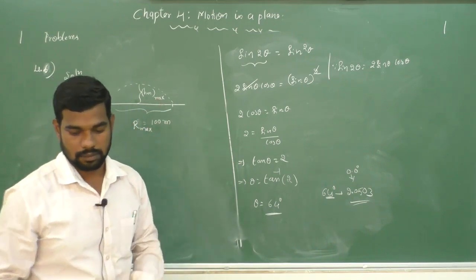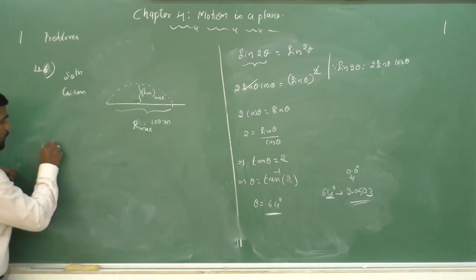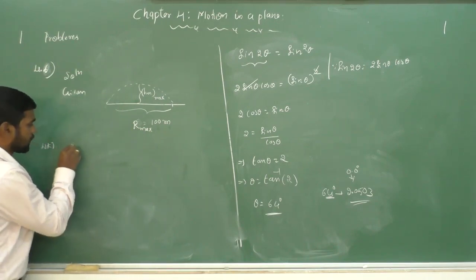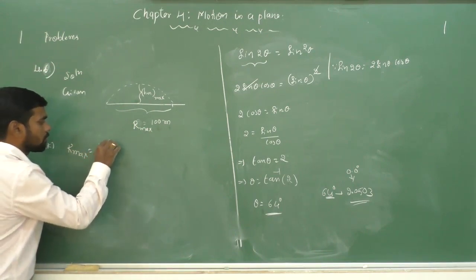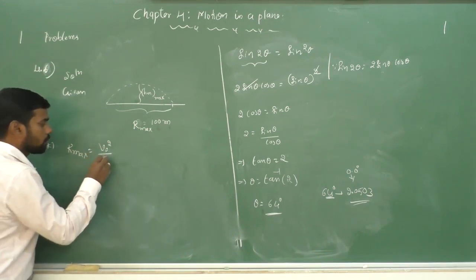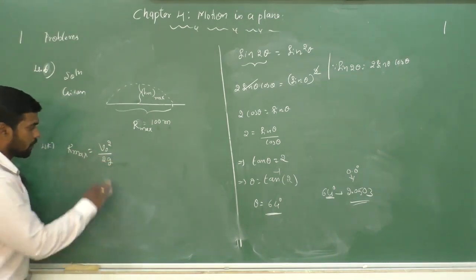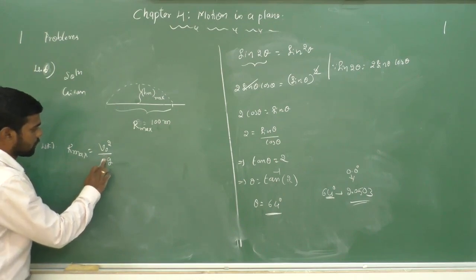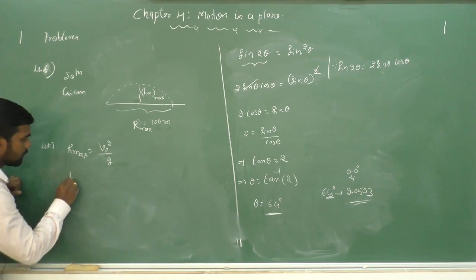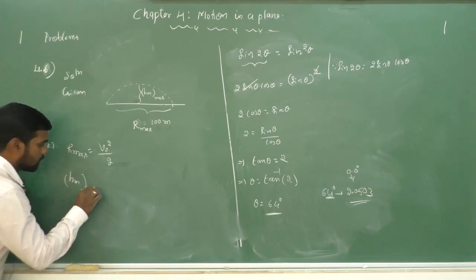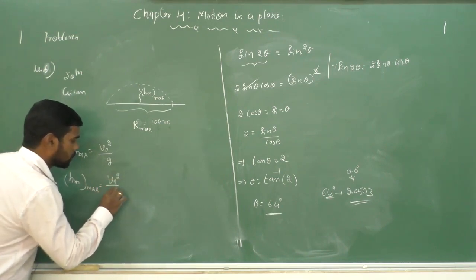Clear my point? Okay. So how to find out? Here we know that in this case also there are two direct equations. R max is given by V square by G, and similarly H max is given by V square divided by 2G.